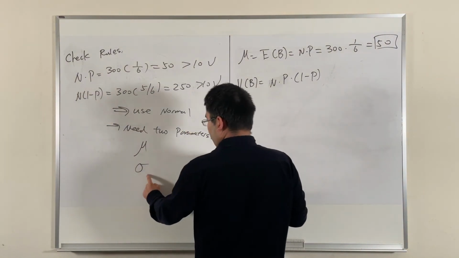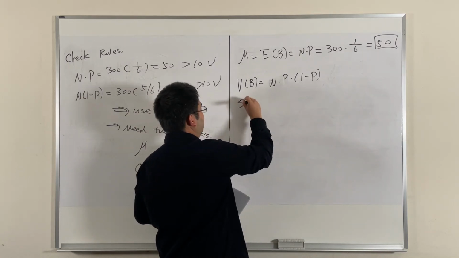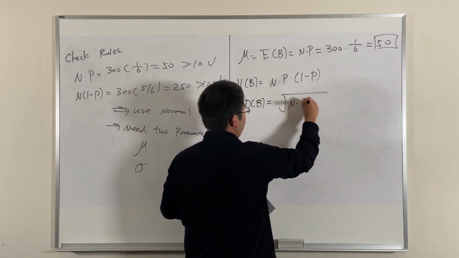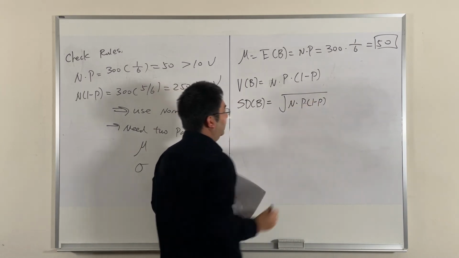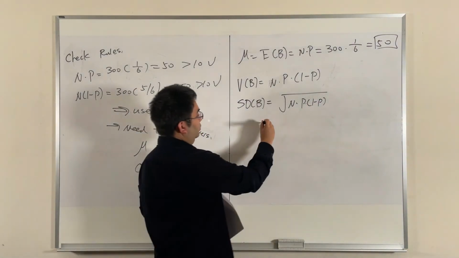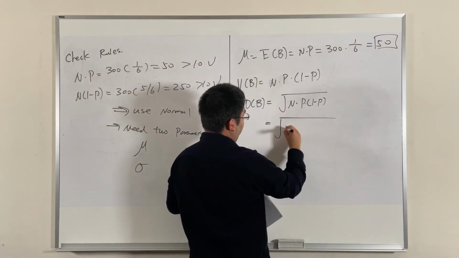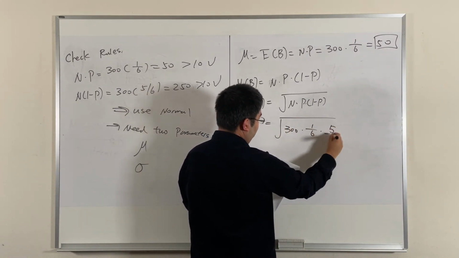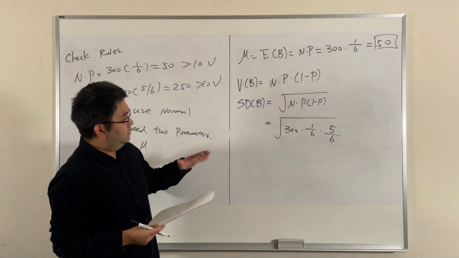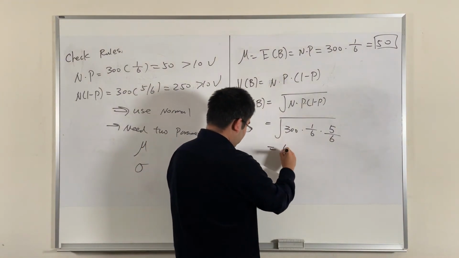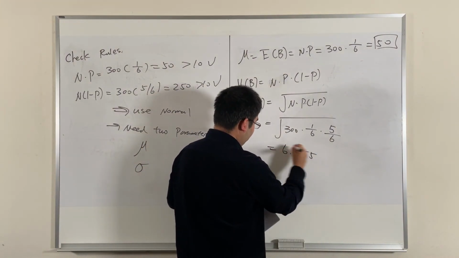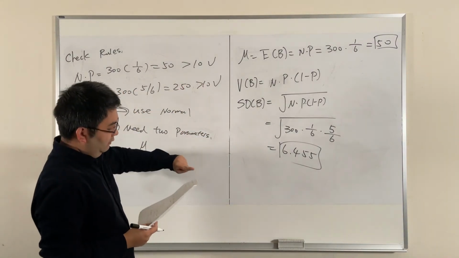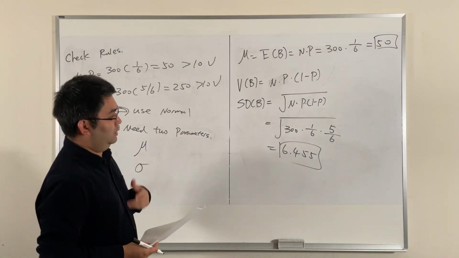Since we want a standard deviation, it's just the square root of the variance, which equals the square root of 300 times 1/6 times 5/6. When we do the calculation, this equals 6.455, and that's our standard deviation. We have the mean and we have the standard deviation. Now we're ready to calculate.